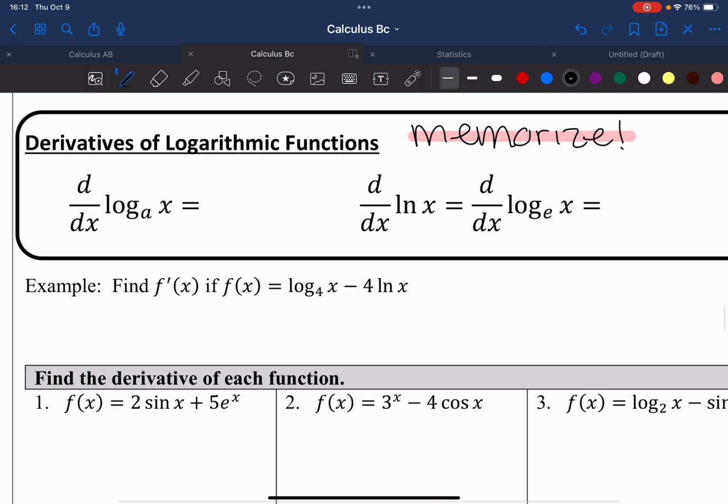Then we have the derivatives of log. So the derivative of log base a of x is equal to 1 over x natural log of a. The derivative of natural log of x, I'm just going to cross off this because we know that log and natural log cancel with e. So in order for us to eliminate that confusion, the derivative of the natural log is 1 over x.